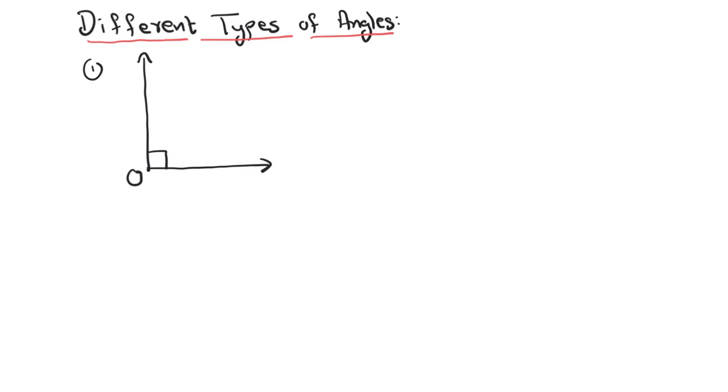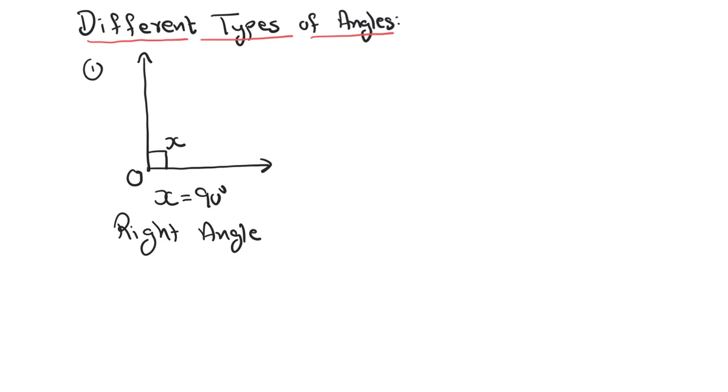Let's label this vertex as O. So if x is equal to 90 degrees, it is called a right angle. Can you also observe a right angle is always shown with a small box at the vertex. It indicates that it's a 90-degree angle.